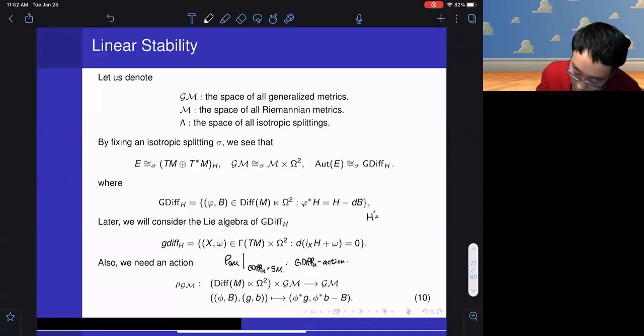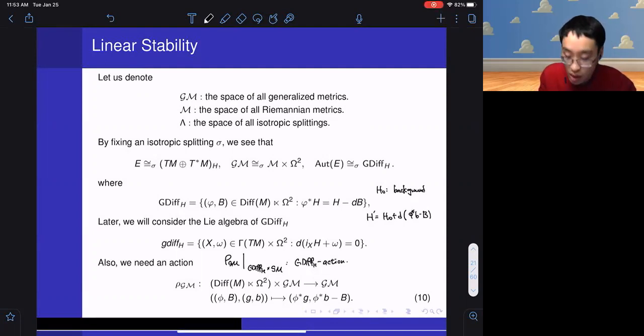If you fix the background 3-form H0, then H prime can be said to be H0 plus d of V star B minus capital B.